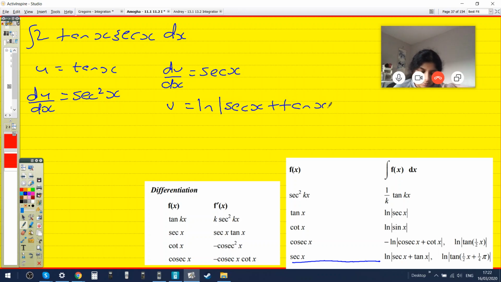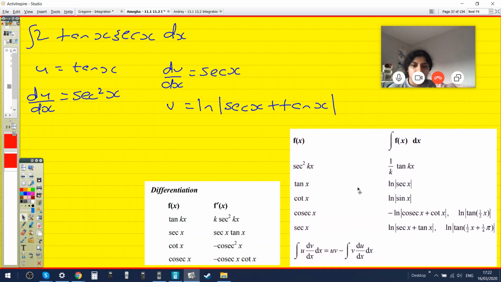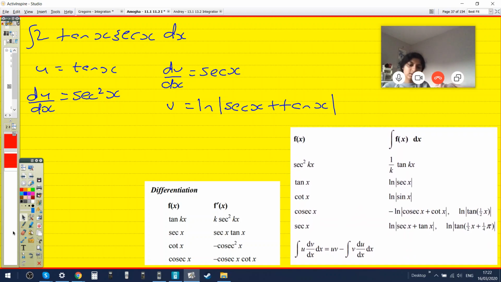Oh, I don't like the look of this. Hold on. Okay. And then we put it into our by parts formula. Okay, so tan x minus integral of sec x dx is equal to uv.